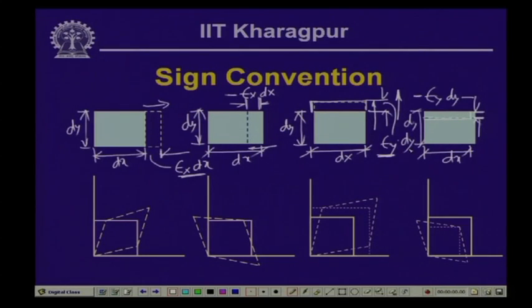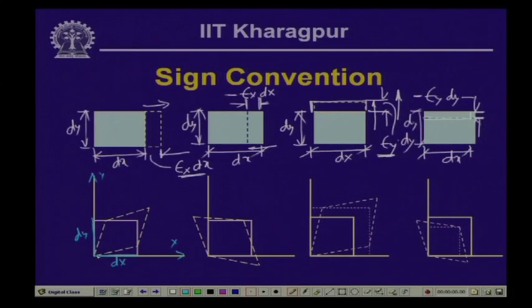Now, in case of shearing strain, as we said, when the angle decreases, this was the position x and y. From this x and y position, this was the element dx and dy.